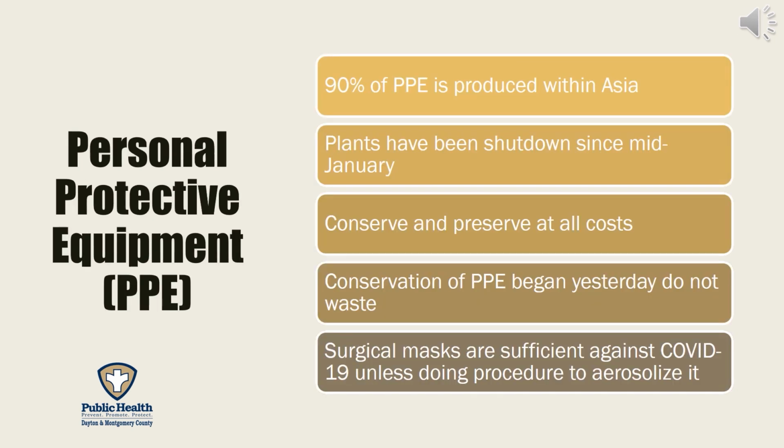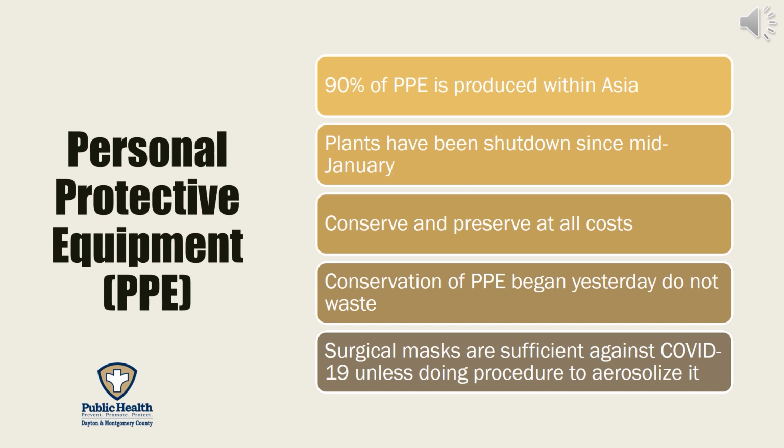Another important conversation around coronavirus is the personal protective equipment, otherwise known as PPE. As you can see here on this slide, around 90% of our PPE is produced within Asia, and many of these plants have been shut down since mid-January. So at this time, it is so vitally important that we are conserving and preserving PPE at all costs.